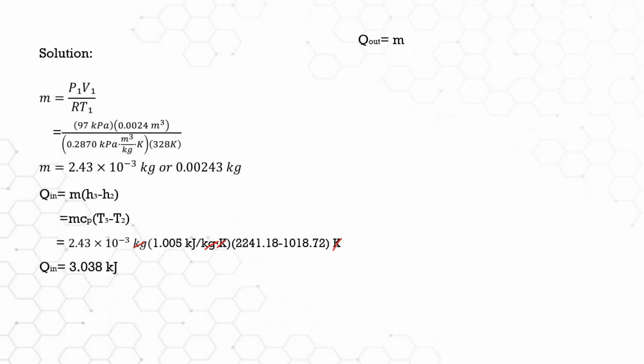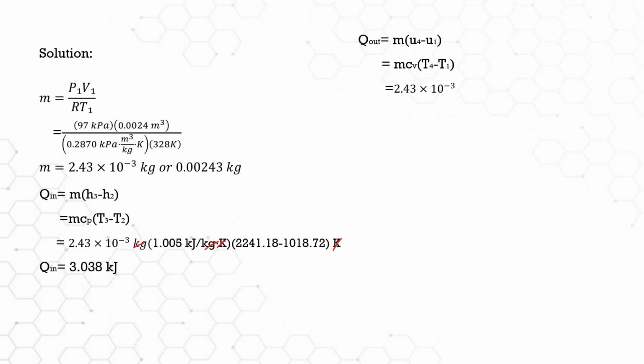For heat output, given the formula mass multiplied to the difference of our internal energy at state 4 and state 1 is equivalent to mass times specific heat at constant volume times the difference between temperature at state 4 and state 1. Plug in the values.